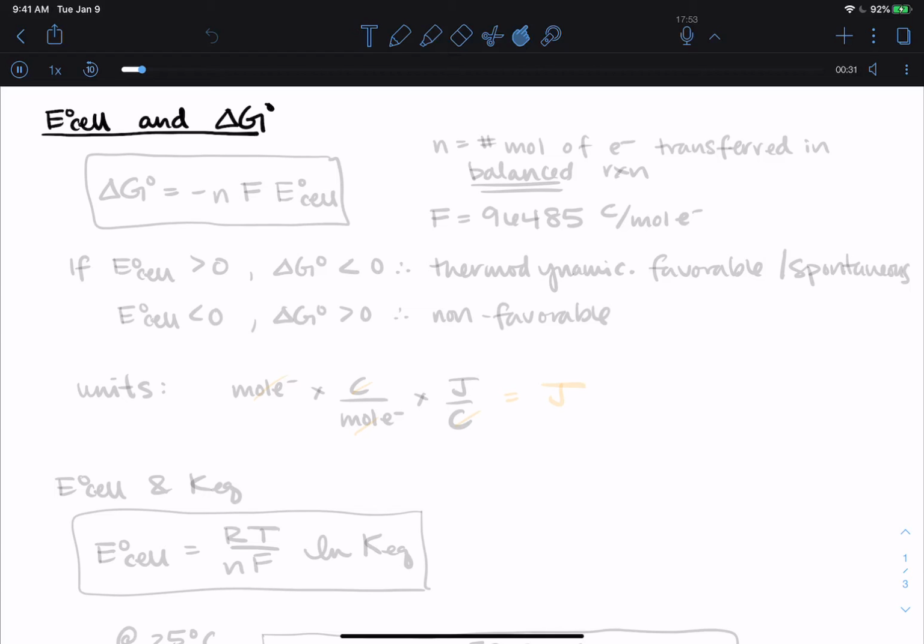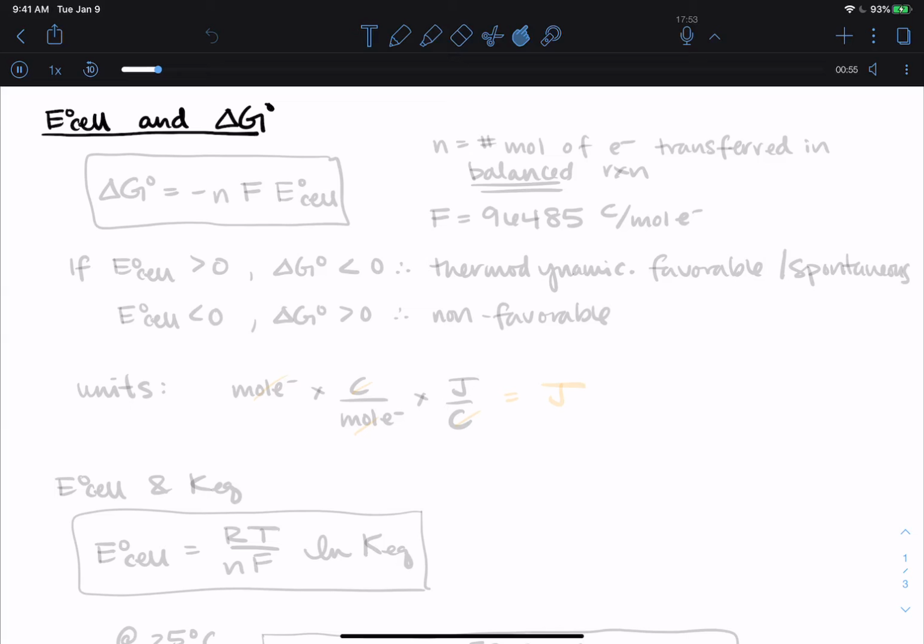It will feel like the information is coming really quickly, but a lot of it is just making connections between the cell potential and everything that we have already connected Gibbs free energy to. So it's not new information, it's just adding in a new connection to the electrochemical cells that we're dealing with.